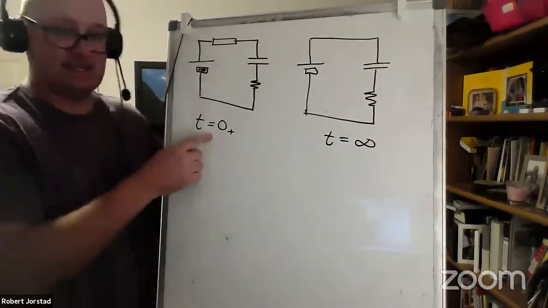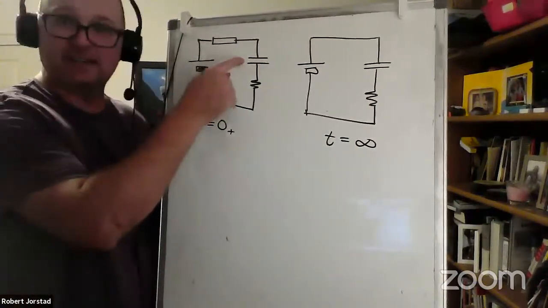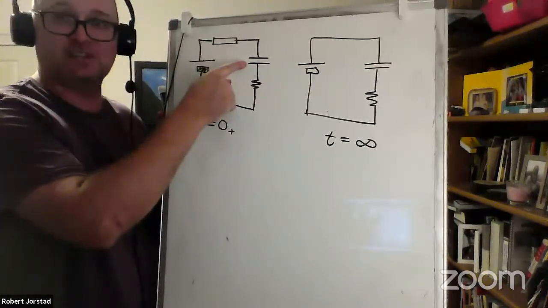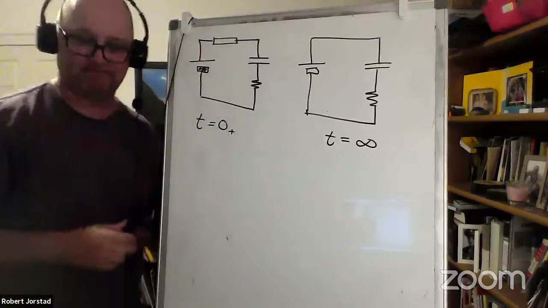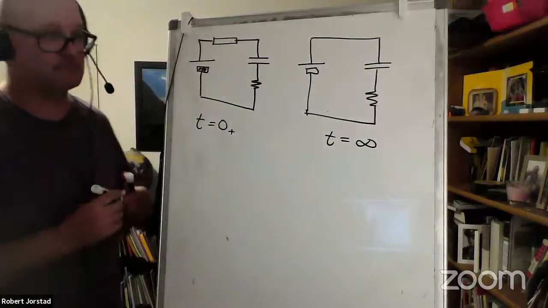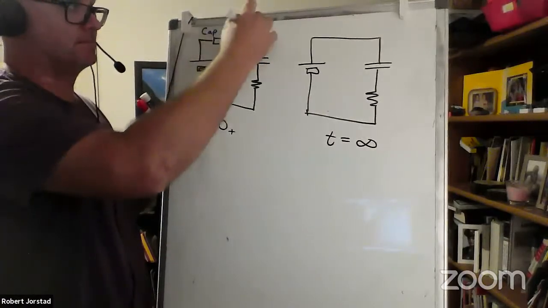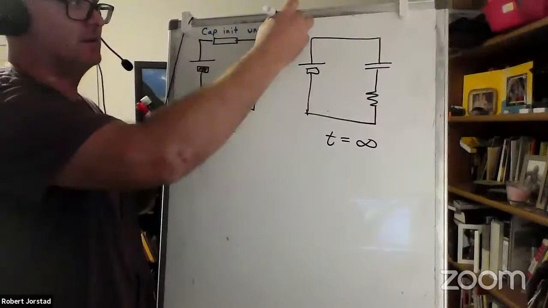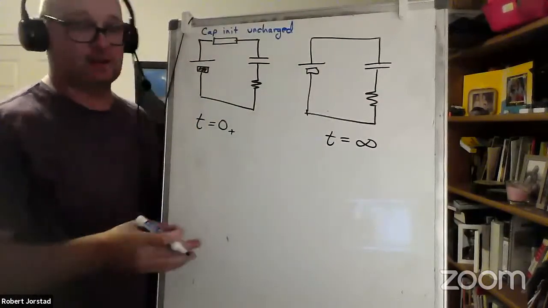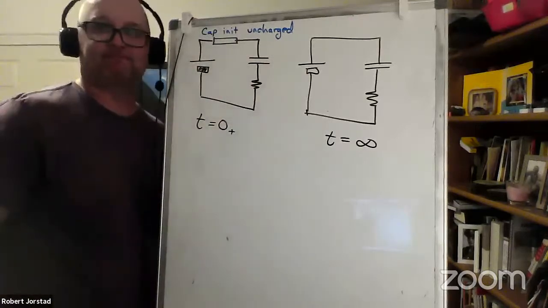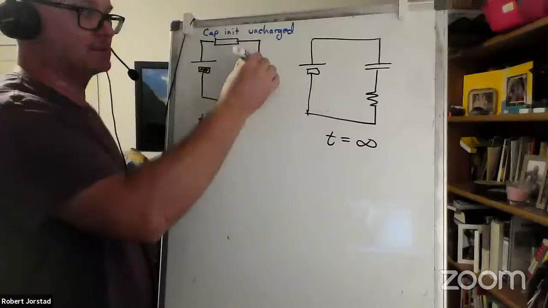Now, at t equals 0 minus, if this is an uncharged capacitor, how much does it impede current flow? Not at all, right? Does it look like a short circuit, just a connected wire, or does it look like an open circuit? Short. The cap looks like a short.